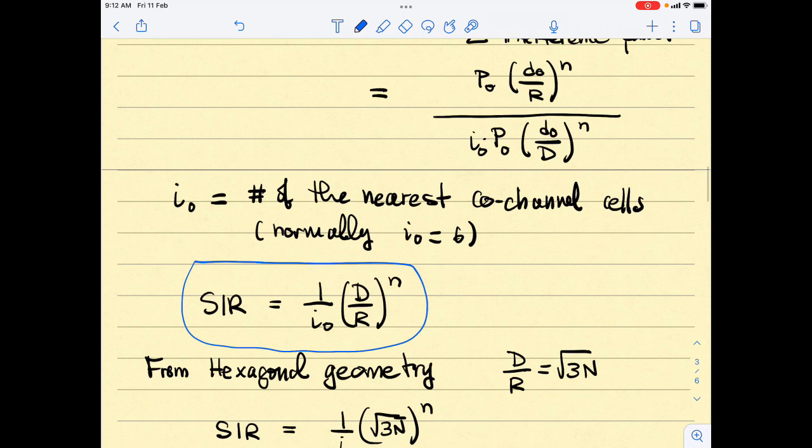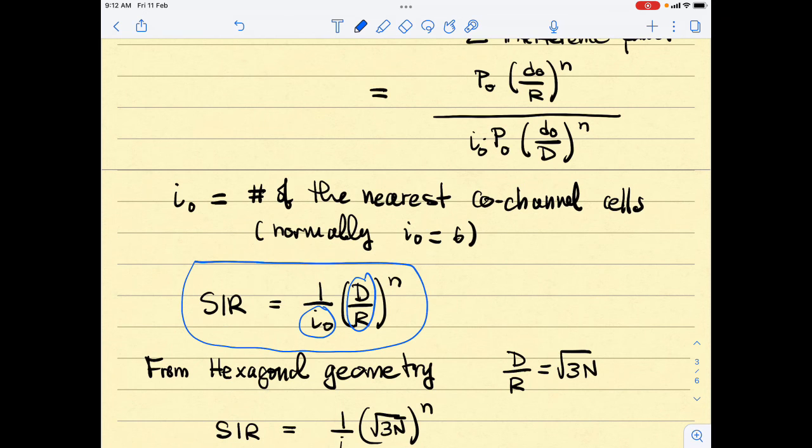So if you want to increase the signal to interference ratio, you want this ratio D over R to be large. That means you want the distance between the current cell and its co-channel cell to be big. So D big, and also you want to cut down the number of nearest co-channel cells.